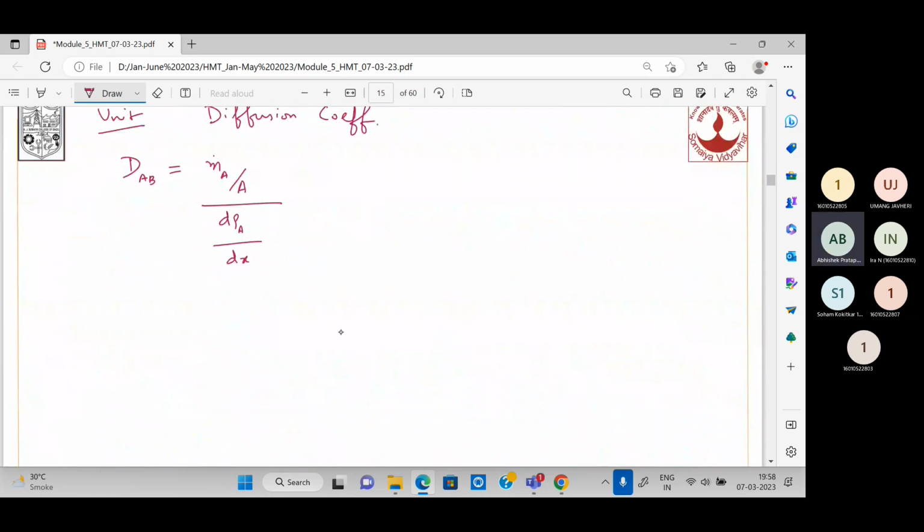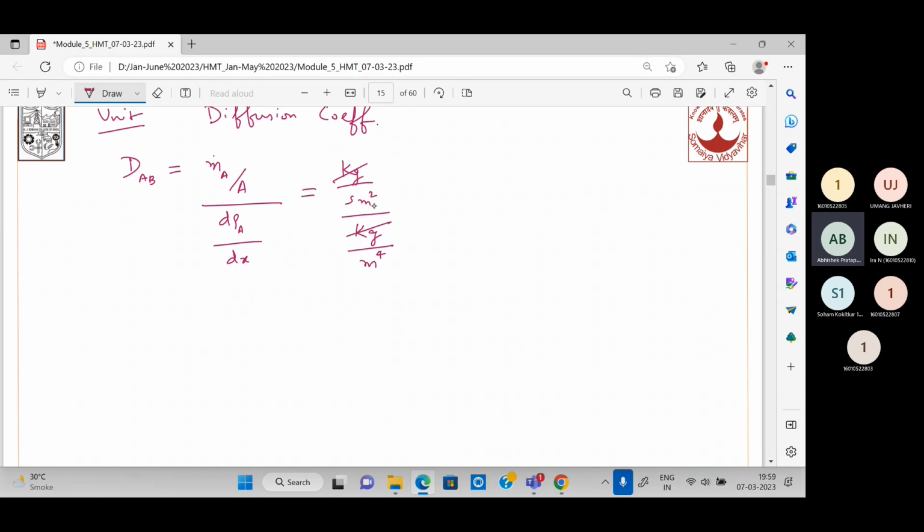So this is what the unit is: kg per second meter square divided by, kg per meter cube is the unit of rho A, and dx is there, so meter is already there, so meter cube into meter is meter to the power 4. So kg and kg will cancel out.